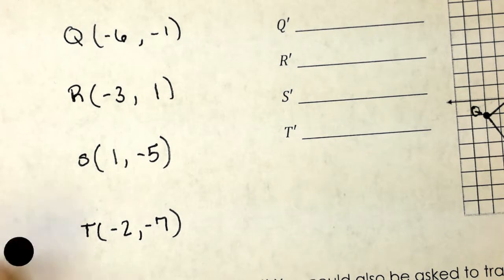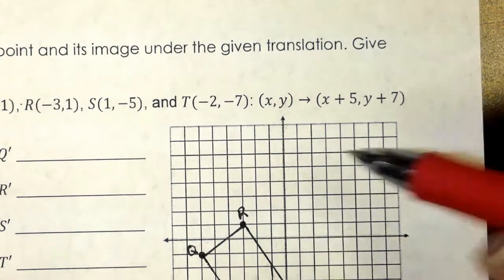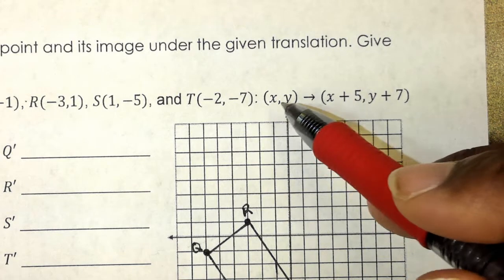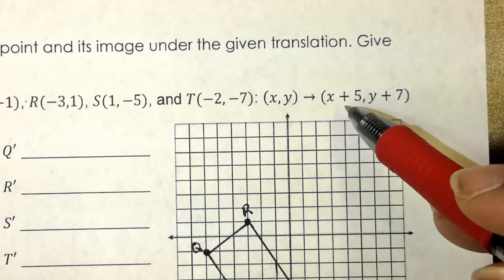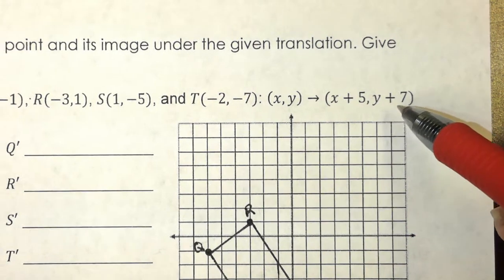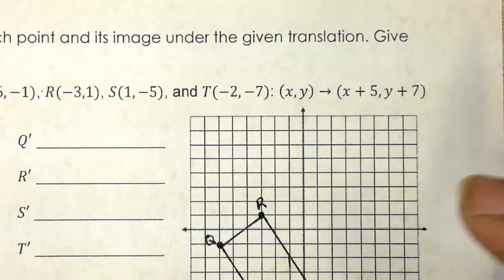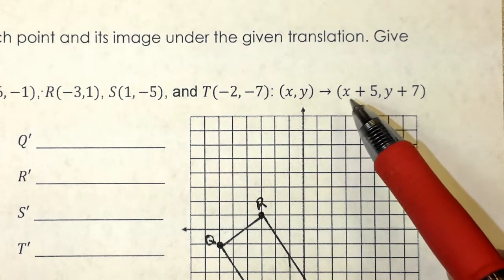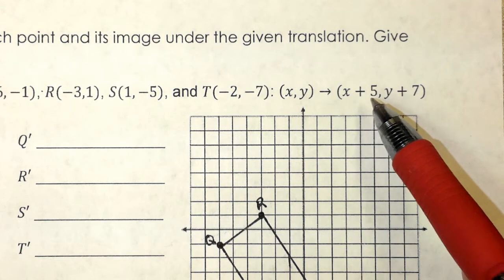Over here, my mapping rule says (x, y), my original x and y, maps to (x + 5, y + 7). It's telling you what to do to move your figure. On my x values, I'm going to add 5 to all of them. On my y values, I'm going to add 7 to all of them.